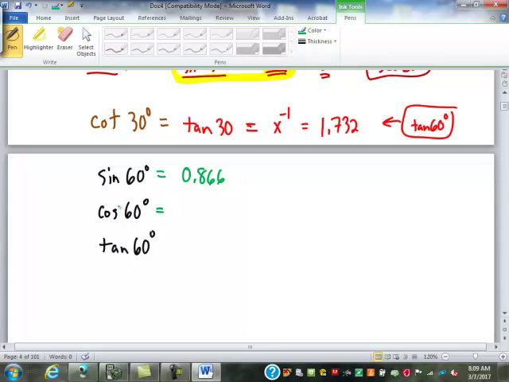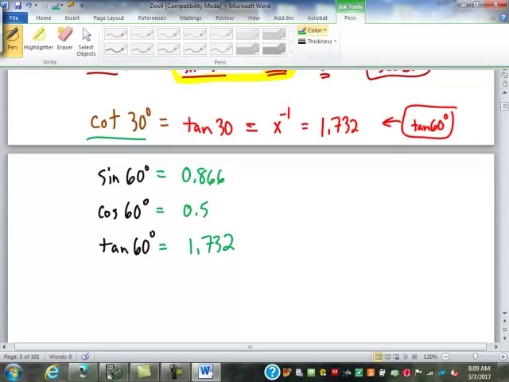The cosine of 60, you're just going to hit cosine in 60, is going to be 0.5. That's the same as the sine of 30. Tangent of 60. So 1.732, the same as the cotangent of 30, right?